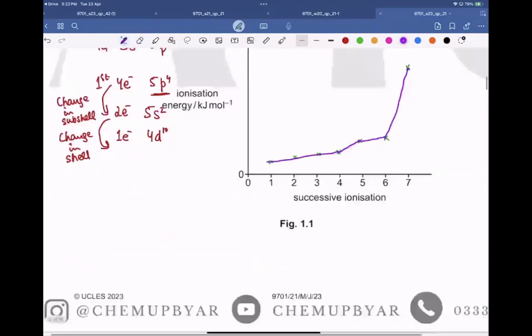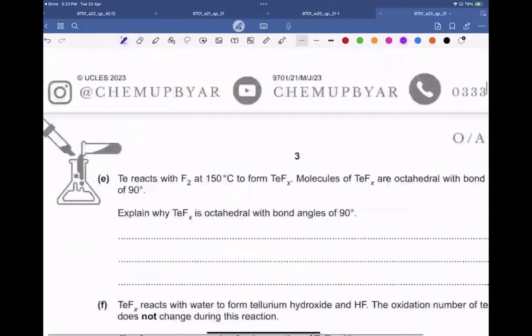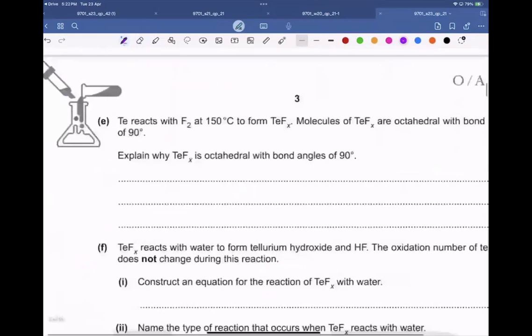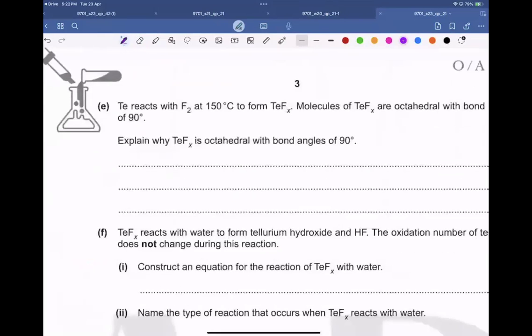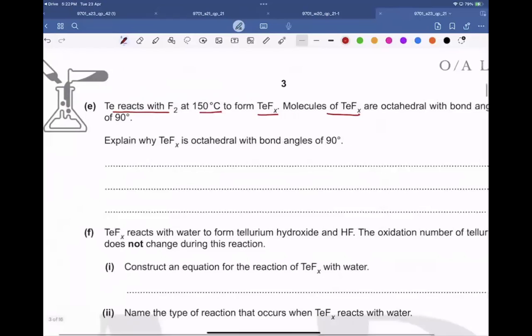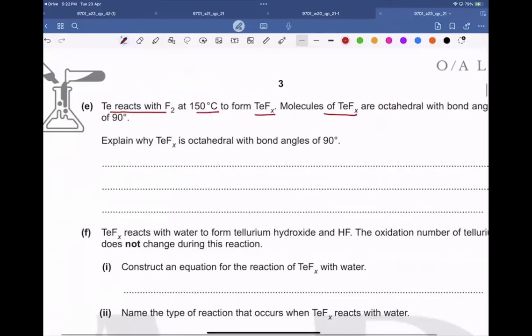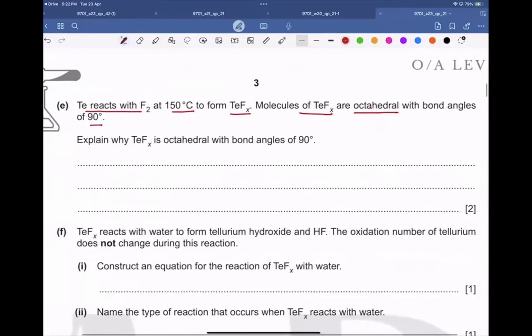Now, E part. Tellurium reacts with fluorine at 150 degrees Celsius to form TeF6. The molecule of TeF6 is octahedral with a bond angle of 90 degrees. Explain why it is octahedral with a bond angle of 90 degrees.